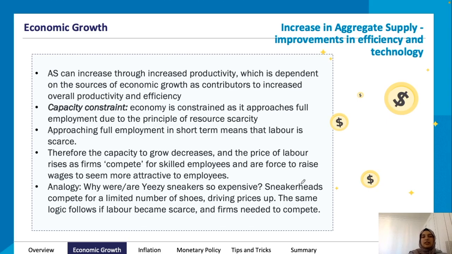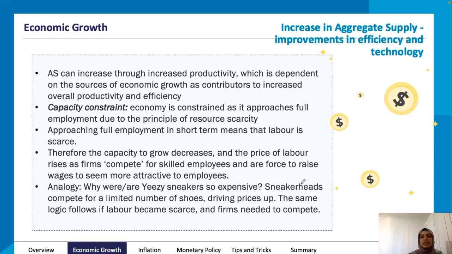Increased aggregate supply, so improvements in efficiency and technology. Aggregate supply can increase through increased productivity, which is dependent on the sources of economic growth as contributors to increase overall capacity and efficiency.